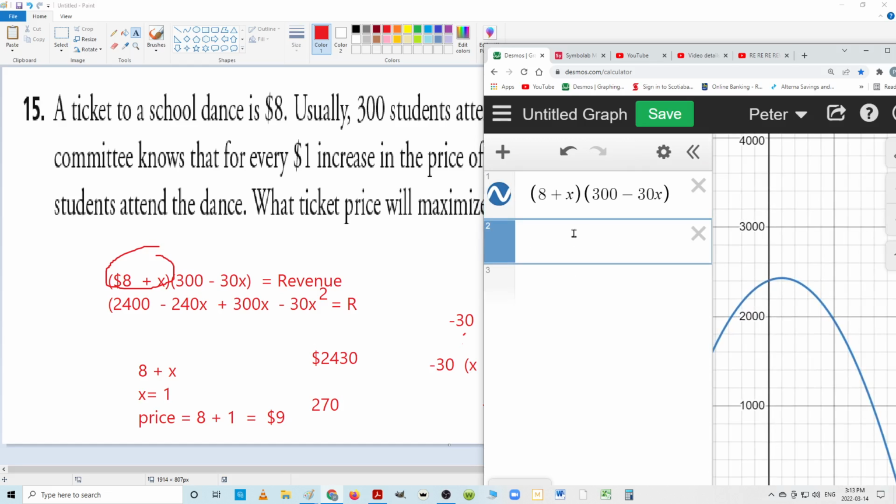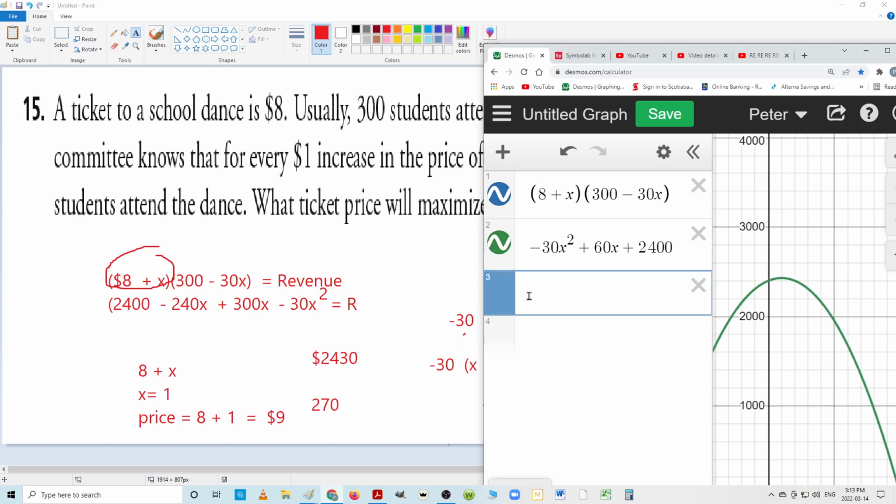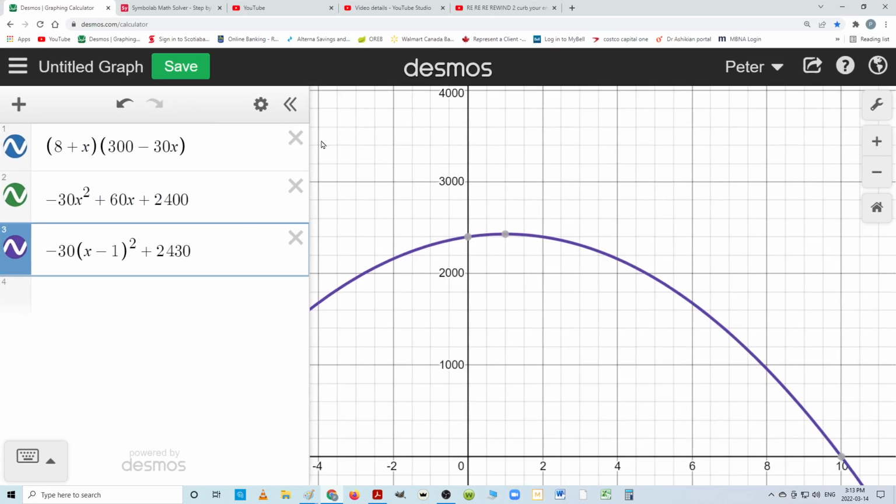But also notice that when we expand it, we will also get the exact same parabola. And also notice when we put it in vertex format, we will also get the exact same graph that we just found.